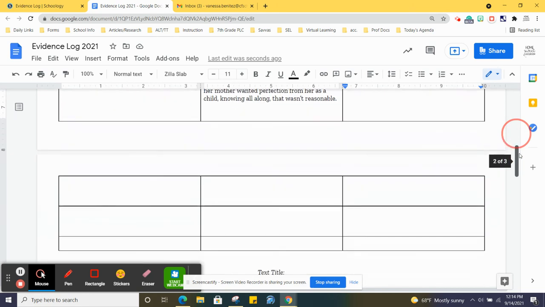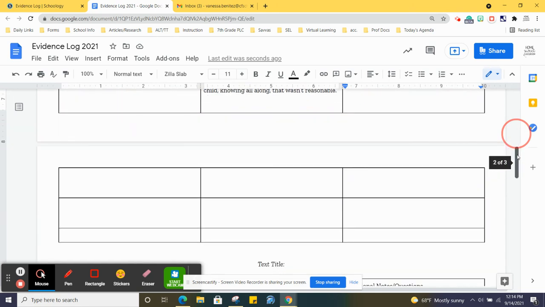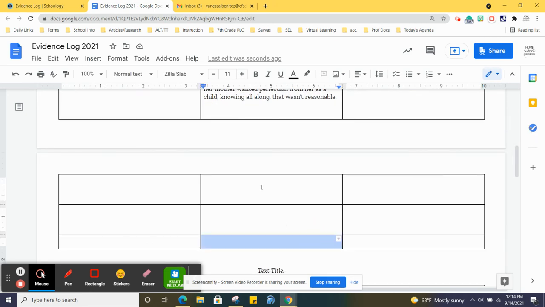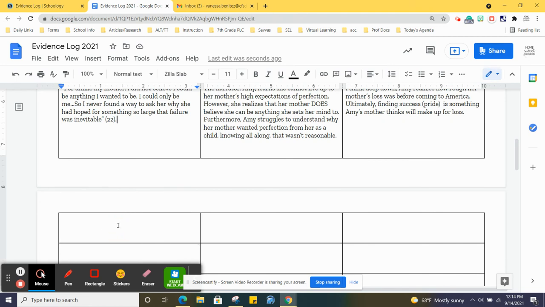All right, so what you need to do for the other two boxes, you don't need to do three, is find two more quotes where you feel like Amy's learning from her mother or Mr. Chung, or maybe a moment where her mother reflects and learns from her. And it's not going to necessarily be cut out for you. You're going to have to read between the lines a little bit and then put in the answer to that question.